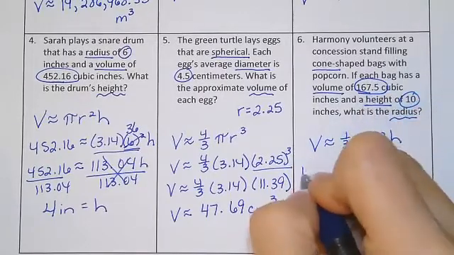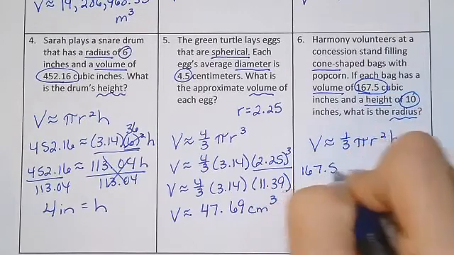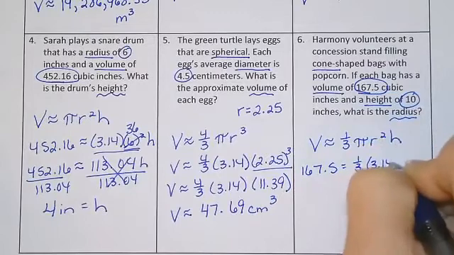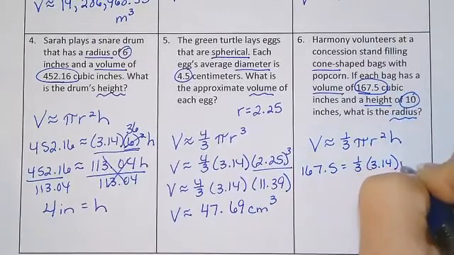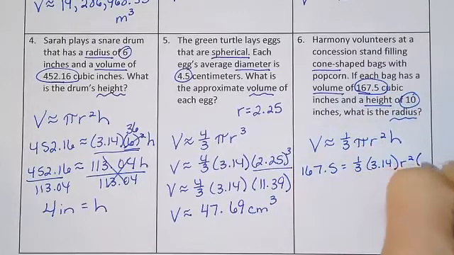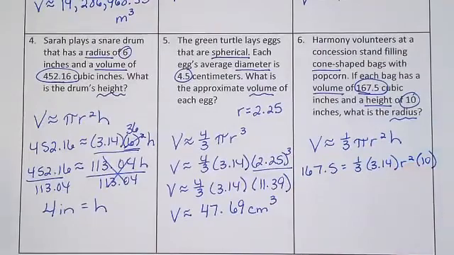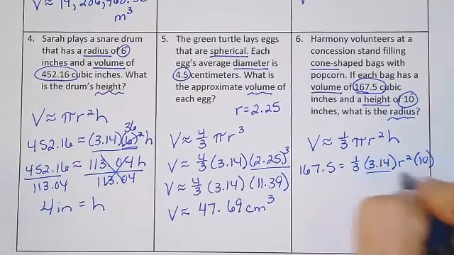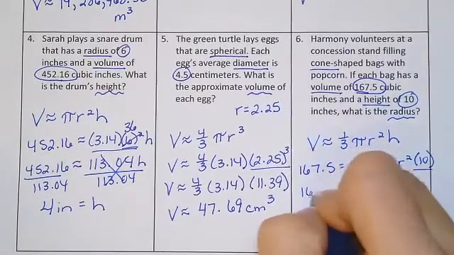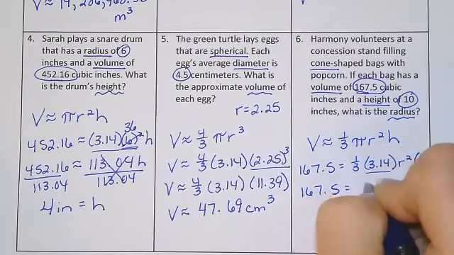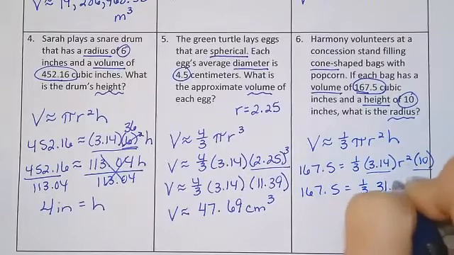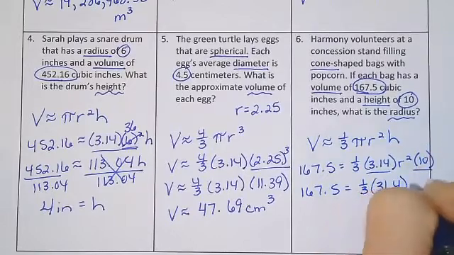Substitute 167.5 for volume. We do not know radius, but we do know that the height is 10. Okay, so let's multiply these together first. And I get 31.4.